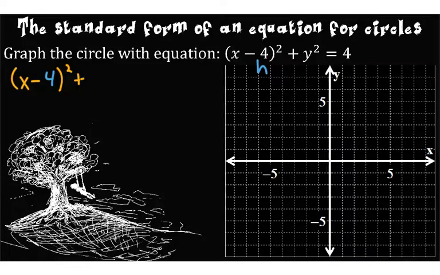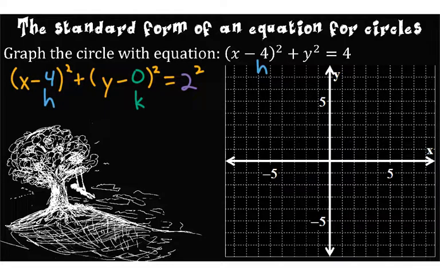We could rewrite it as y minus 0 squared. And that's equal to 4, and if I take the square root of 4, it's going to be 2, so I could write that as 2 squared. So now I can see that my h is 4, my k is 0, and my r is 2.